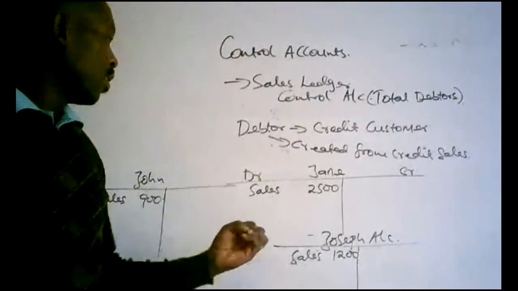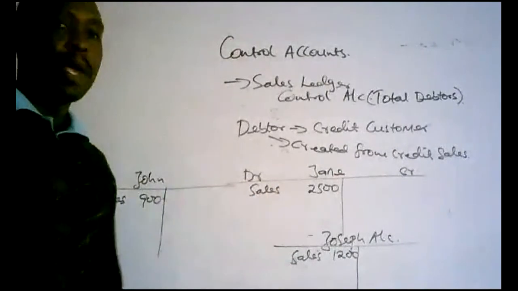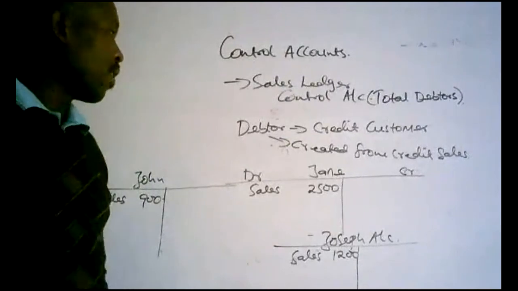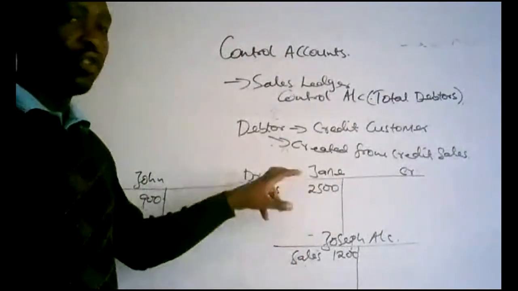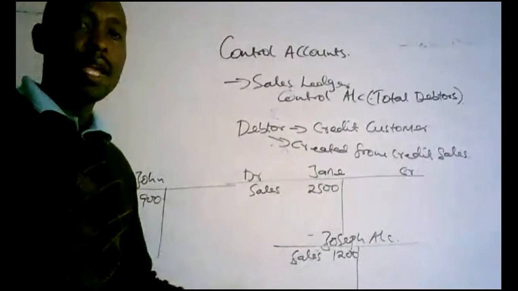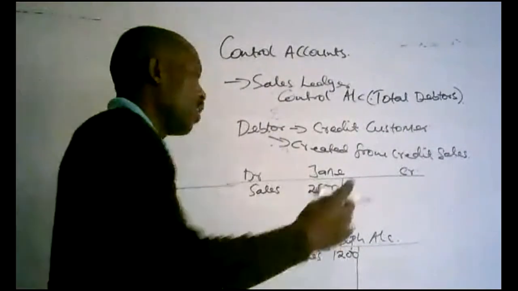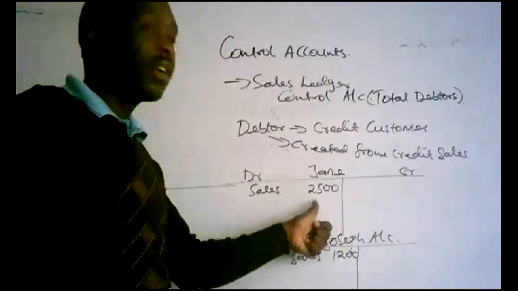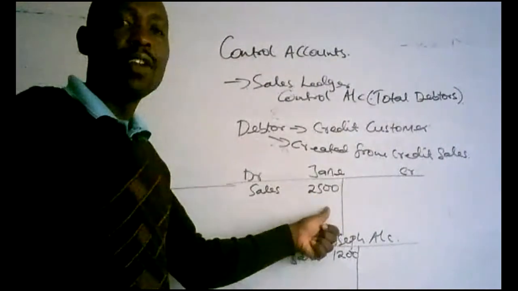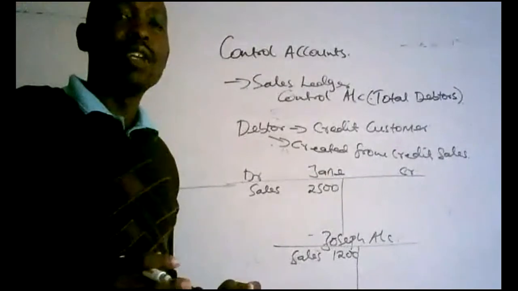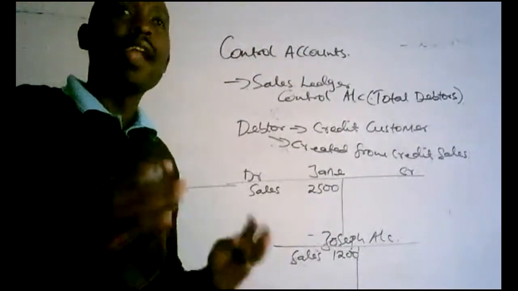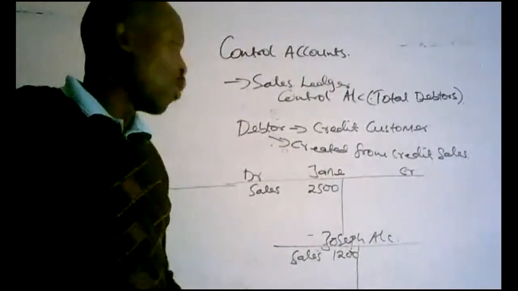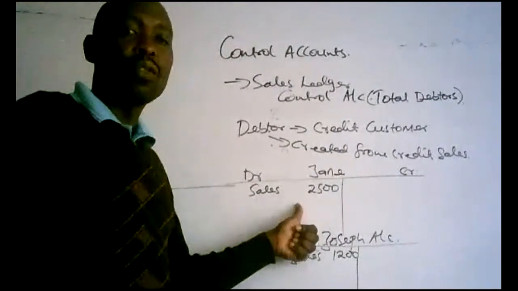If, for example, Jane is paying and maybe she is able to pay 500 first, you will find that because the account was debited and now she is paying back, we are going to credit the account, because paying the debt simply means that this debt is reducing, the 2,500 is reducing. And in accounting, as we always say, if an account is reducing, we normally record it on the opposite side. We cannot debit again when the person is paying.